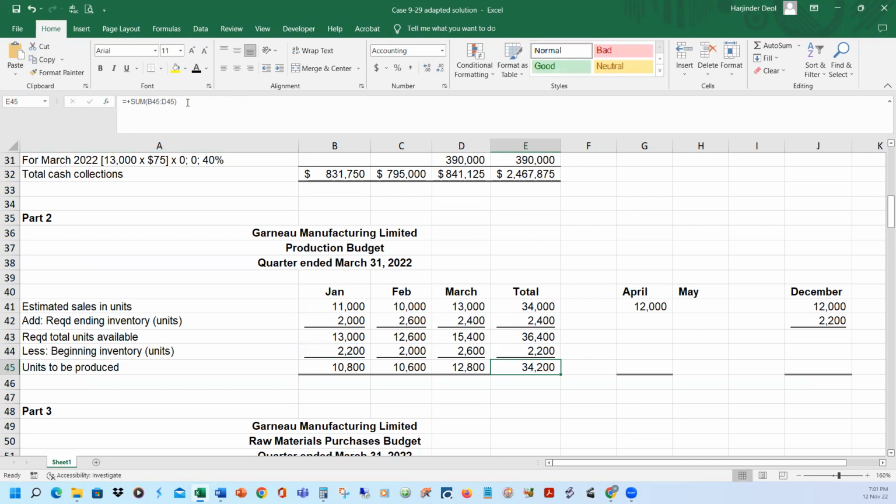So how many units must we produce? 36,400 minus the 2,200, and that's 34,200 units, which, if we've done our arithmetic correctly, should equal the sum total of the number of units to be produced in each of the months. And it is indeed 34,100.